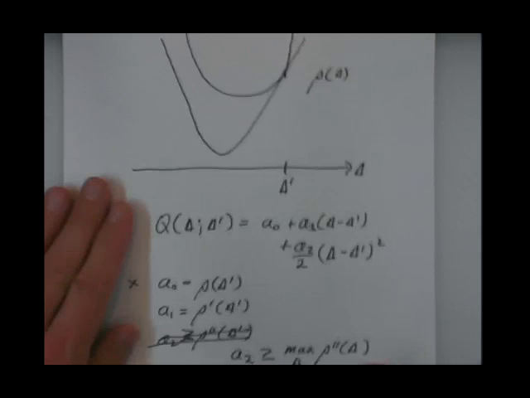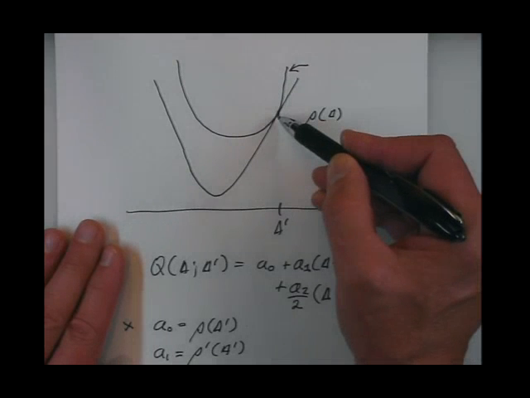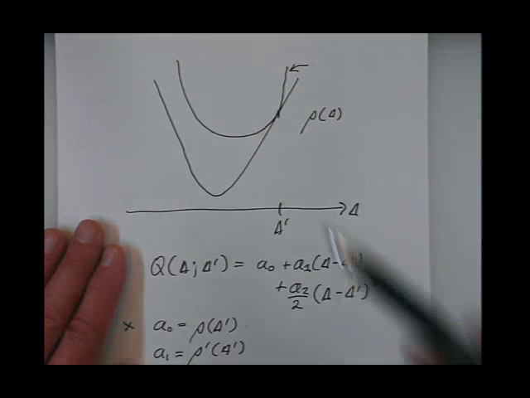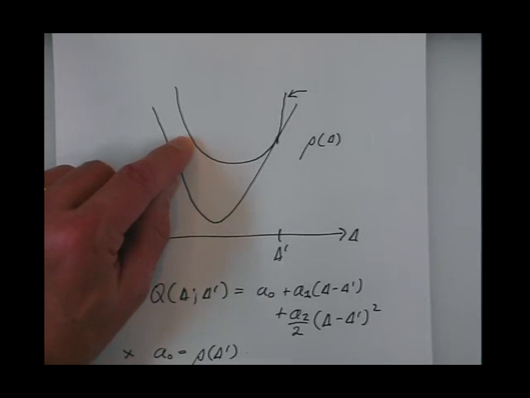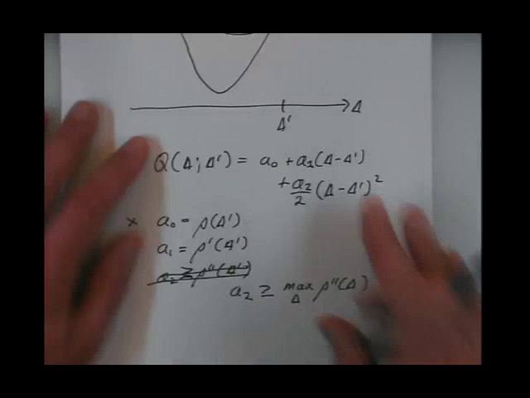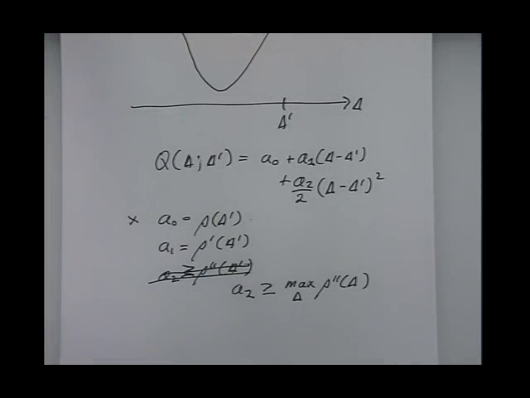So you have to match the first derivative at your current point, and the second derivative has to be large enough that I'm sure this function is bounding above the other function. One way to achieve that is if A2 is uniformly greater than the second derivative of rho everywhere, then you can easily show that you've achieved that goal.